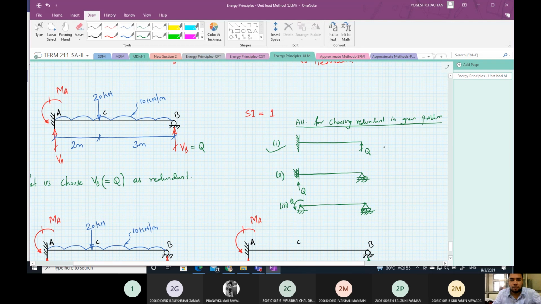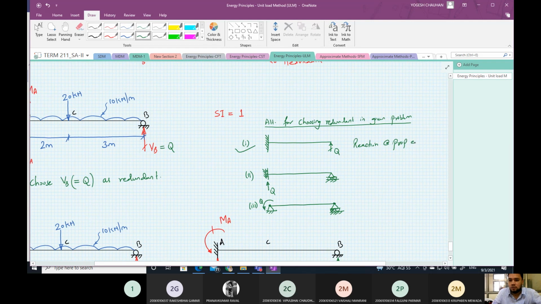So here, reaction at prop end is chosen as redundant. Here, reaction at fixed end is chosen as redundant.